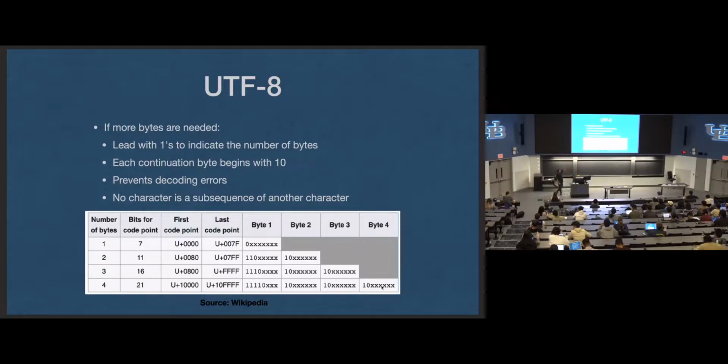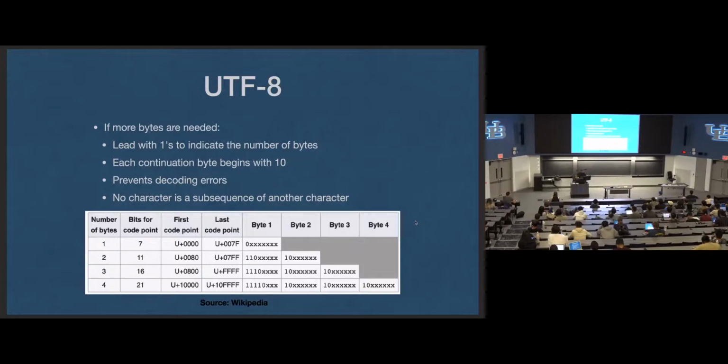With this structure, this significantly decreases the number of decoding errors, ideally to 0, unless you have actual errors, bits flipped in the transmission. But this gives us a few characteristics. No character is a subsequence of any other character, which is a nice thing to help with decoding.